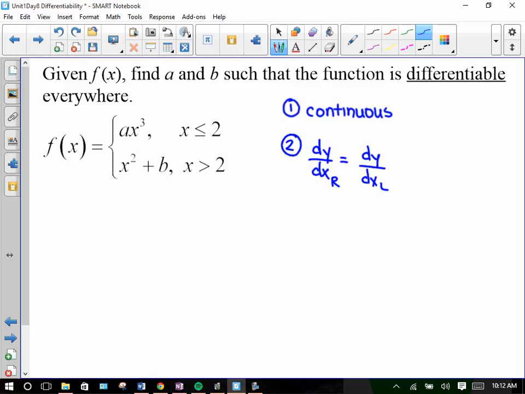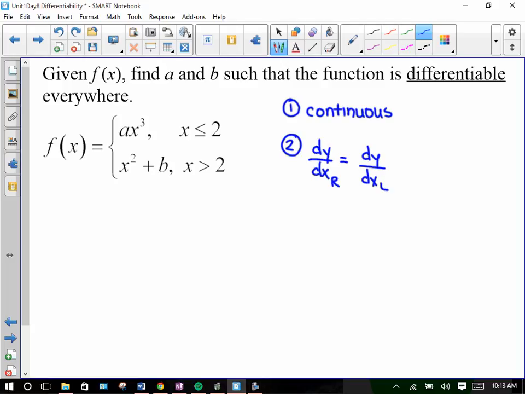Alright? So the first thing that we want to do is let's start by figuring out this part about the derivatives. So we know that in order for the slopes to be the same, we need to be dealing with the derivatives.